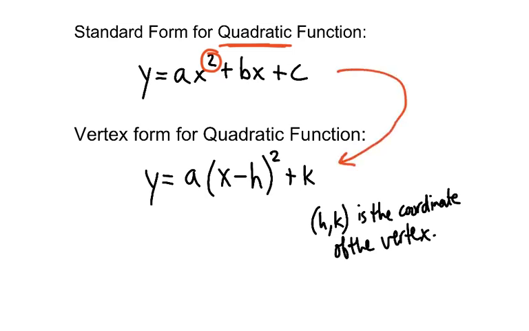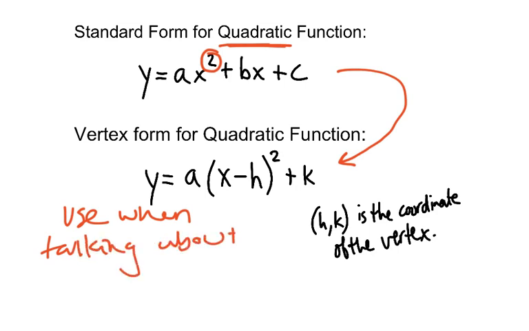Vertex form is more of when it was used when we were talking about any sort of translations or transformations that were happening. We'll go over that in a second, but the idea is that H, for instance, moved it left or right, K moved it up or down, that kind of thing.